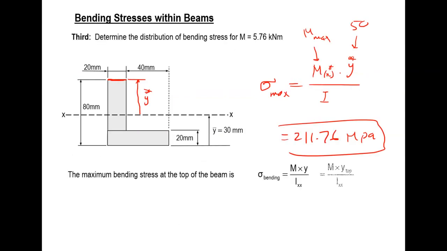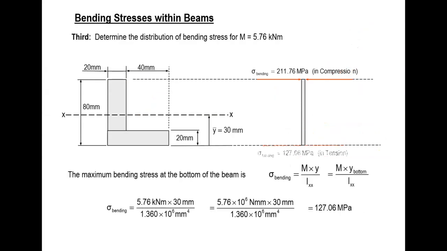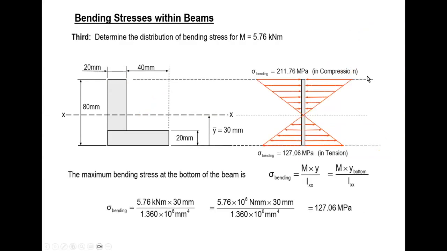In the next example, let's see what is waiting. So that is the distribution. We know that according to the flexural formula, stress is related to y in a linear way. So the larger the y, the larger the stress.